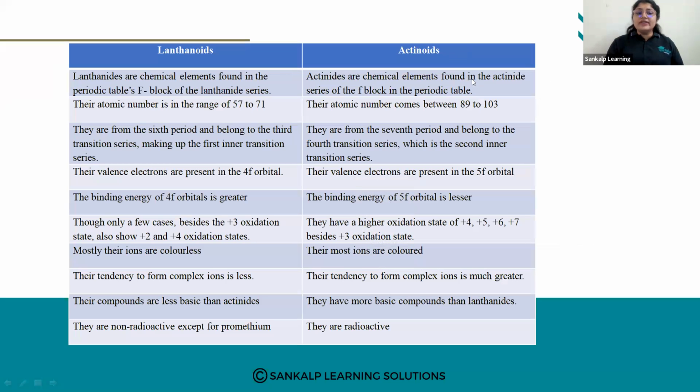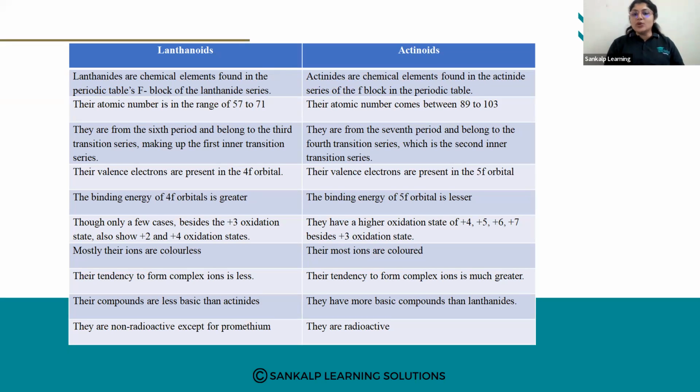Now we'll see the difference between lanthanoids and actinoids. So what are lanthanoids? Lanthanoids are the chemical elements found in the F block of the periodic table, in the lanthanoid series. Their atomic number ranges from 57 to 71.